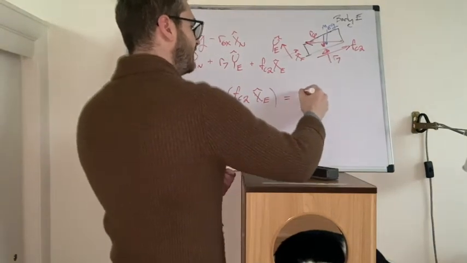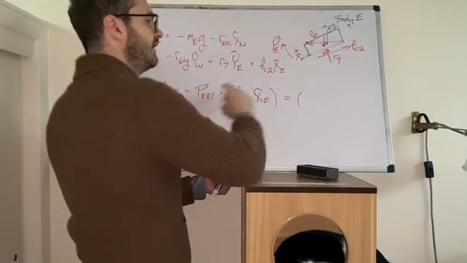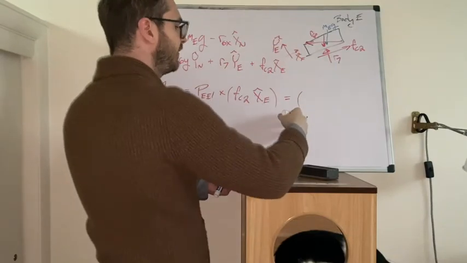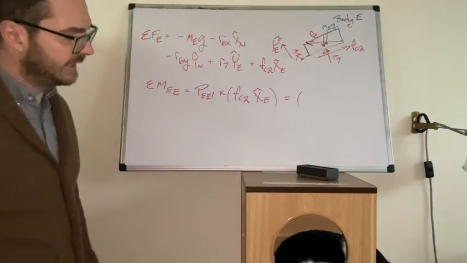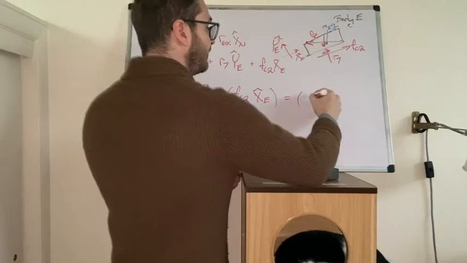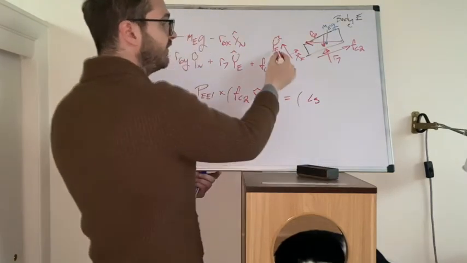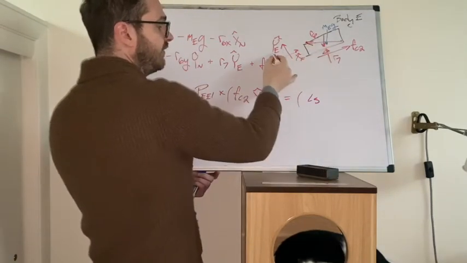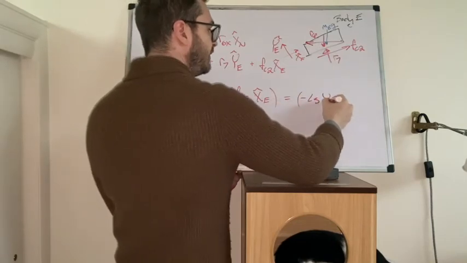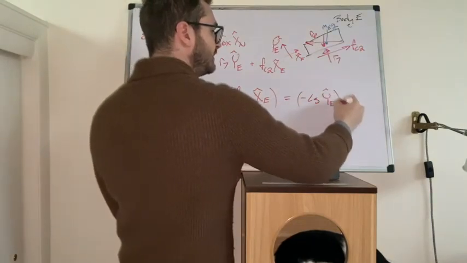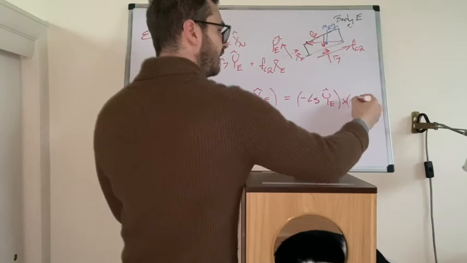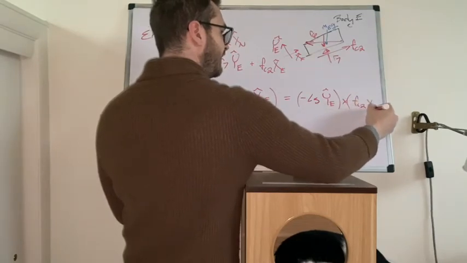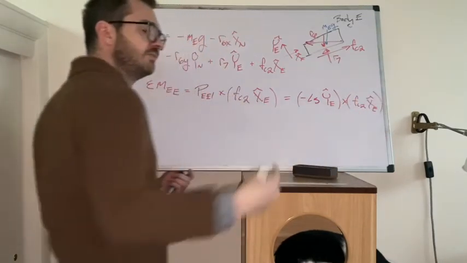Well, this position vector, let's just give it some length. We're up to length 5. So this is L5. Notice we're going in the opposite direction, right? We're going in the negative Y hat E direction, cross FC2 in the XE.